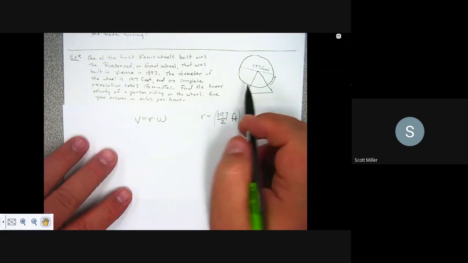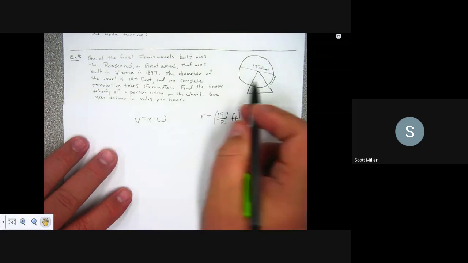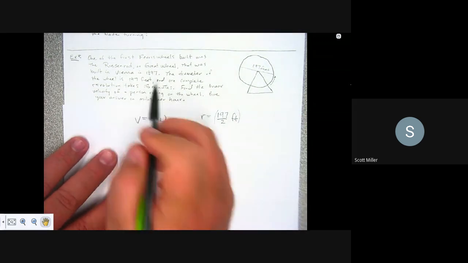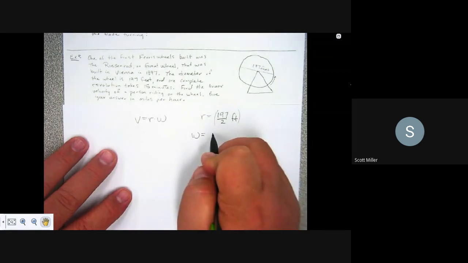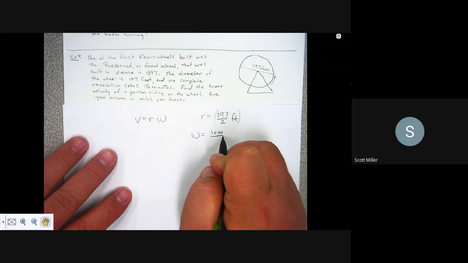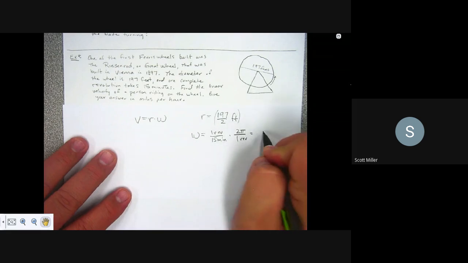So now let's talk about the other one. The angular speed, we don't have that. We have 1 revolution in 15 minutes. So revolution is related to angular speed. It's 1 revolution in 15 minutes. But 1 revolution is 2 pi radians. So this gives me an angular speed of 2 pi radians in 15 minutes.